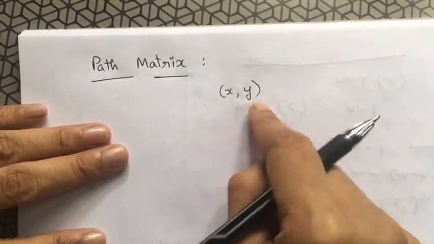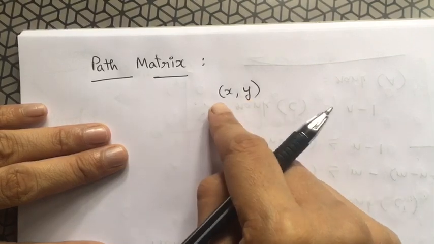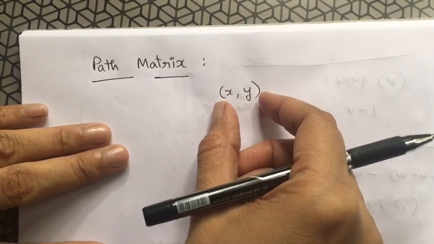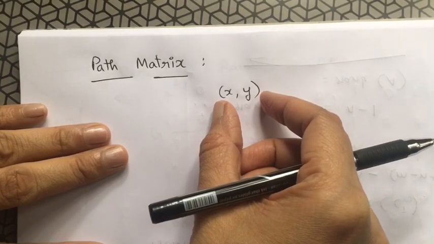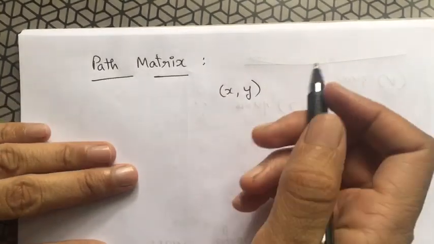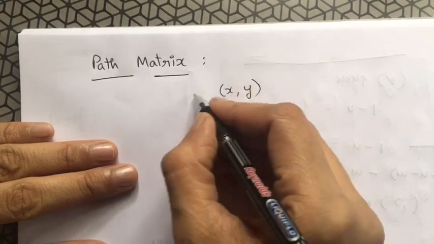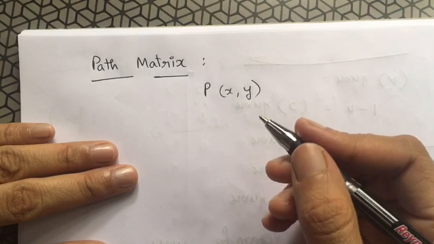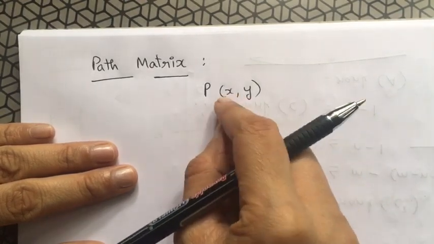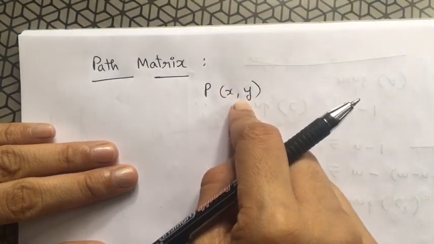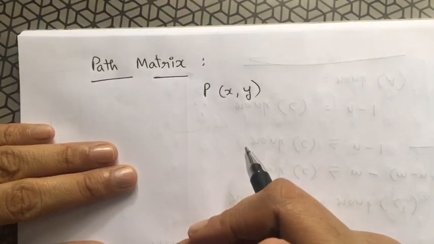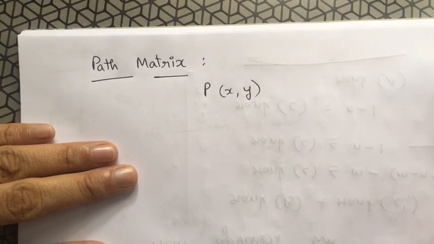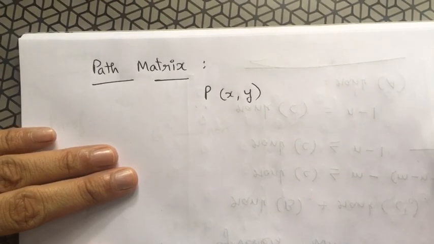Then the path matrix is defined for specific vertices of a graph, and I'm writing it as P of x comma y. Rows in P of x comma y correspond to different paths between the vertices x and y, and columns correspond to edges of the graph G.